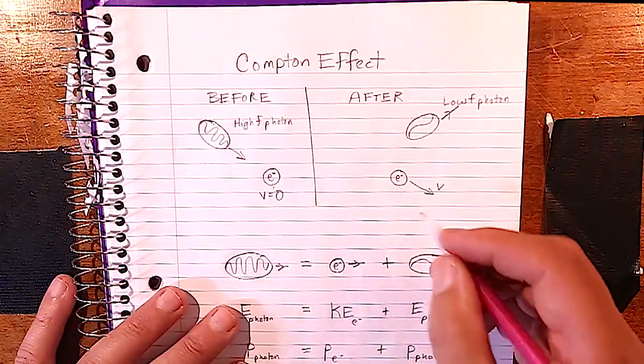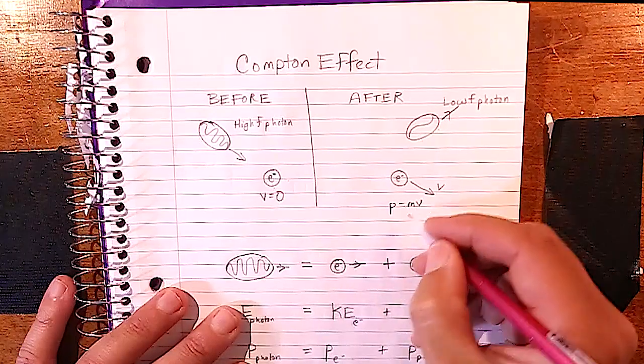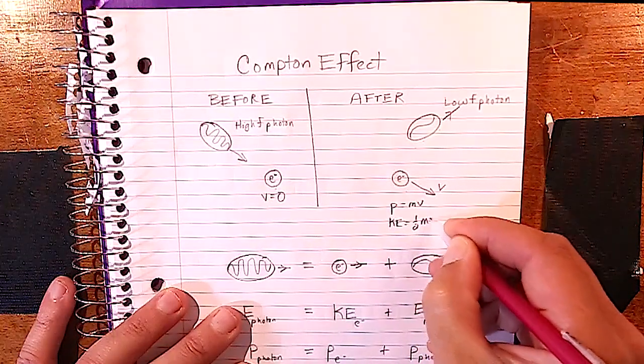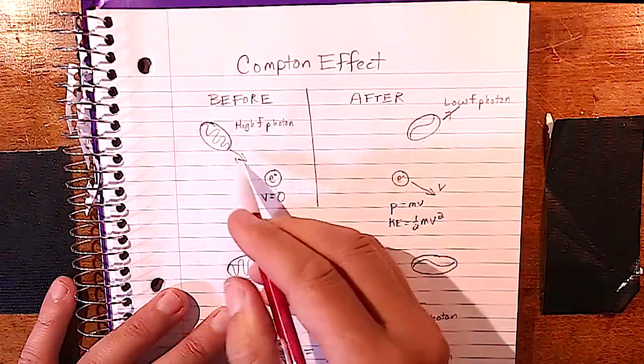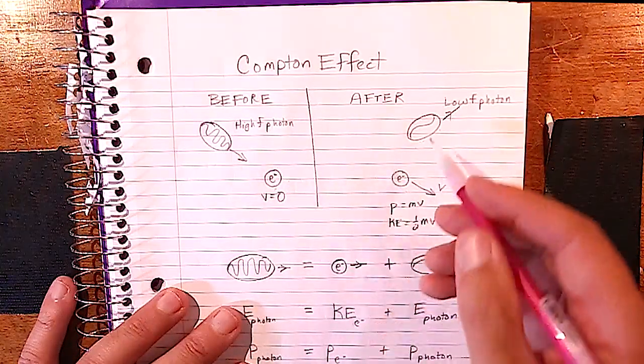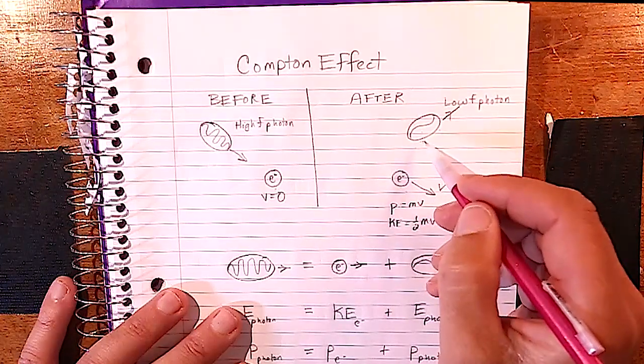It picked up momentum. So all of a sudden this electron gained mv and it gained KE. Well, where did it get that energy from? Well, it must have come from the photon. So where's the lost energy? The lost energy is in the fact that this has a lower frequency.